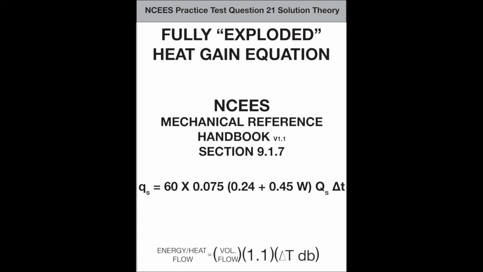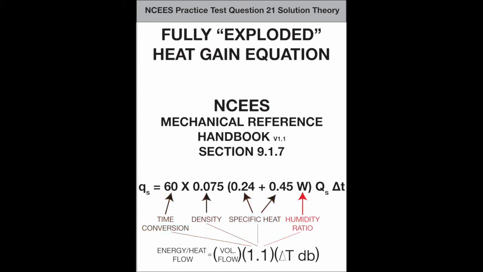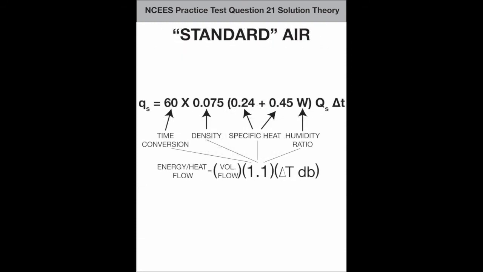The 1.1 is made up of a time conversion, density, specific heat, and humidity ratio. Time has nothing to do with air being standard. Specific heat for dry air is only one value. Same goes for specific heat of water vapor. So that leaves the density and humidity ratio.